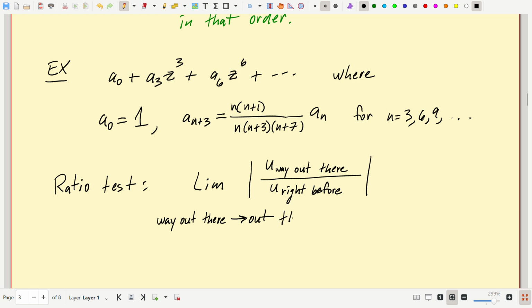So that's kind of a dopey thing to write. But that's exactly what the ratio test is. You take a term that's far out in the series and divide by the one that's right before it.